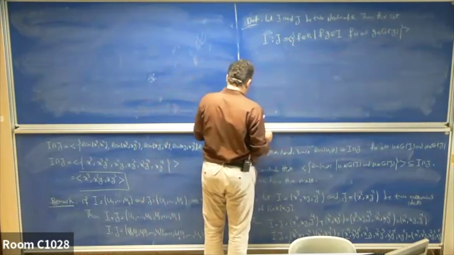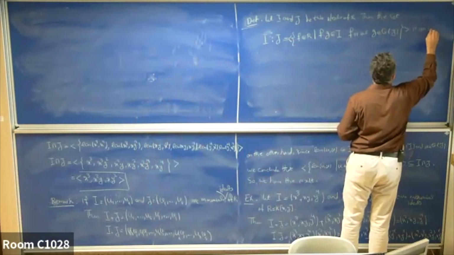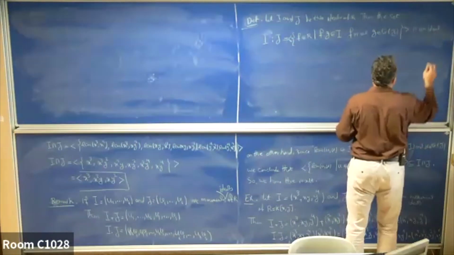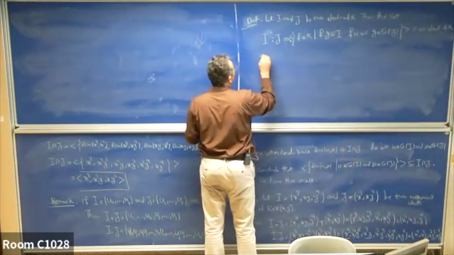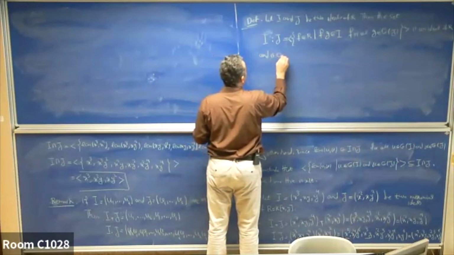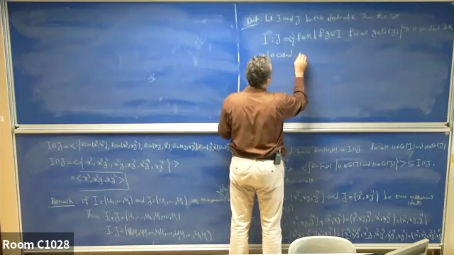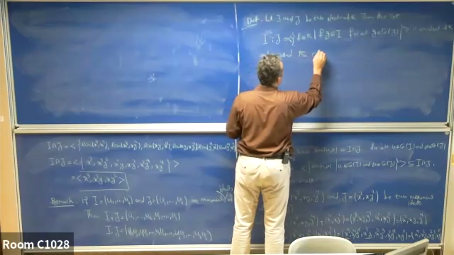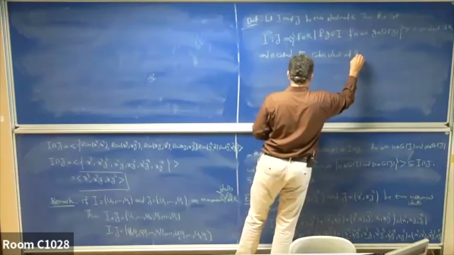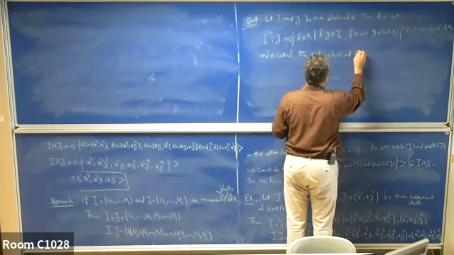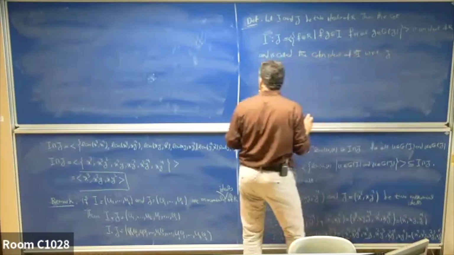So, and this is an ideal of R, and is called the colon ideal of I with respect to J.